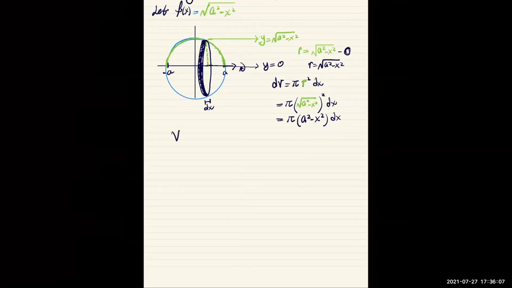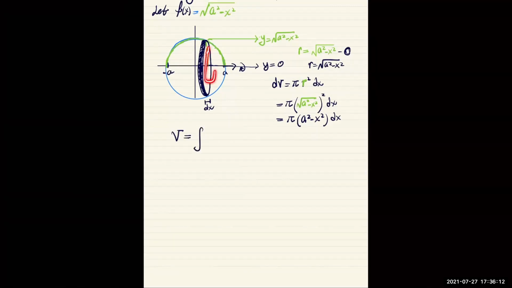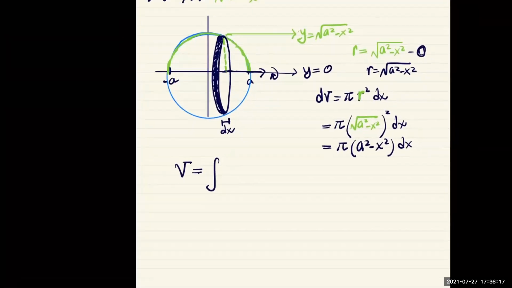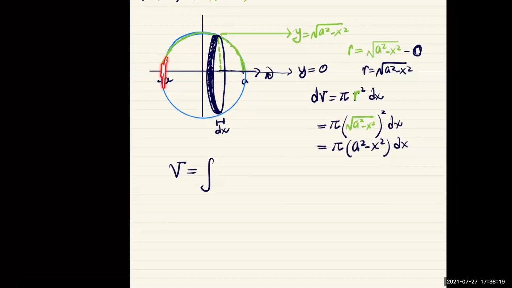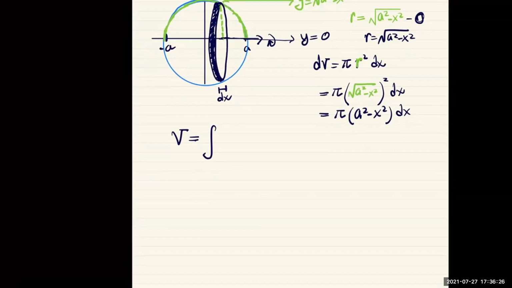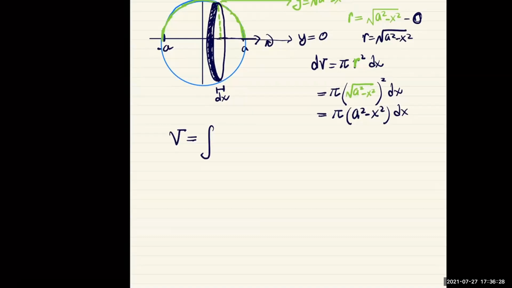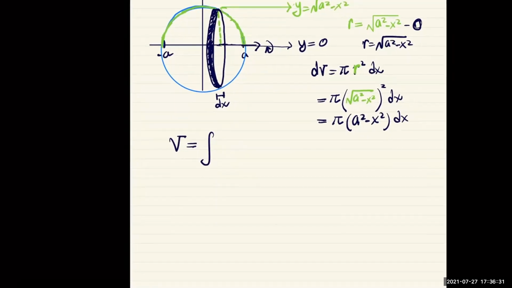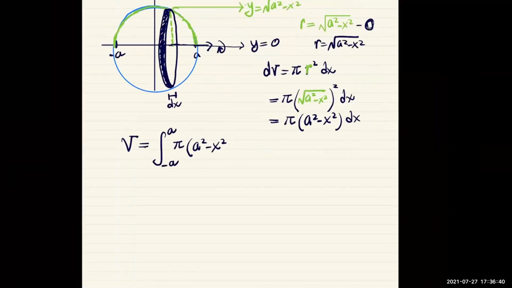Okay, so your volume is equal to the integral from, look at all these disks or cylinders. They all begin from negative a. So we have all these disks stacked up, and you're adding the volume of all of those, which is the same as the integral from negative a to a of pi times a squared minus x squared dx.